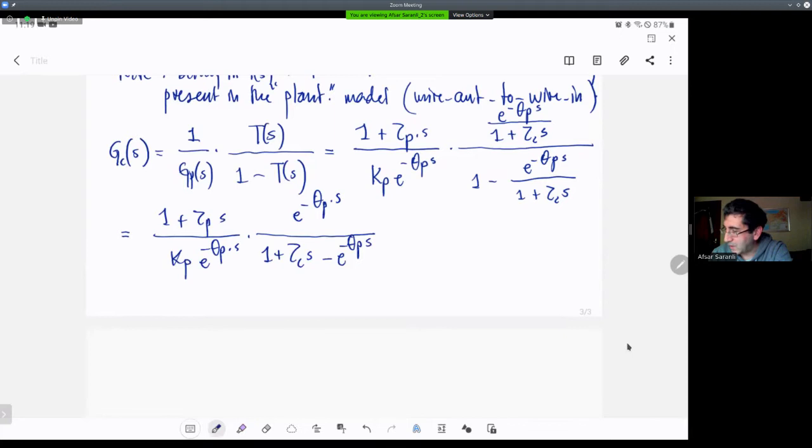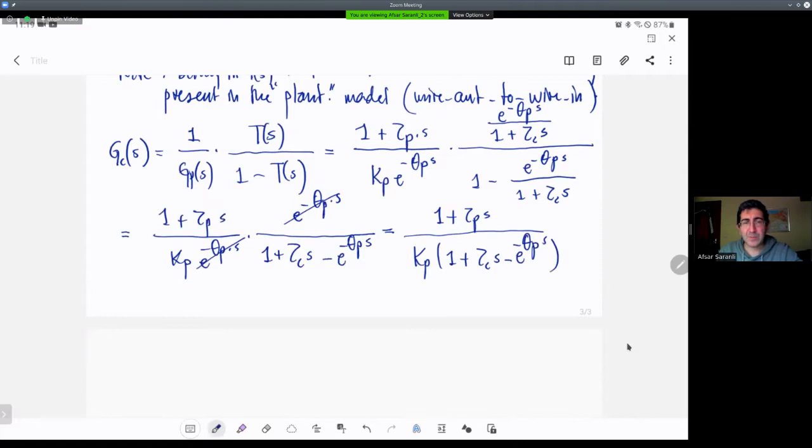Okay, so I have this cancellation of the exponential functions. So what I get here is an expression 1 plus tau p s over kp times 1 plus tau c s minus e to the minus theta p s. Now I cannot proceed any further to derive a controller unless I do something about this exponential function.